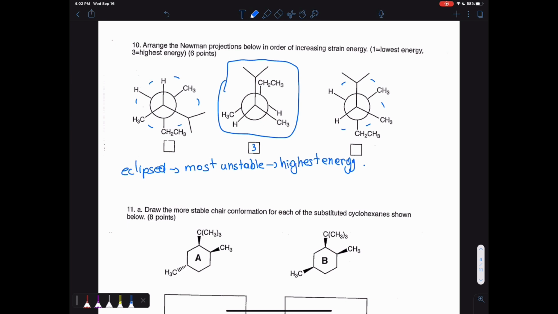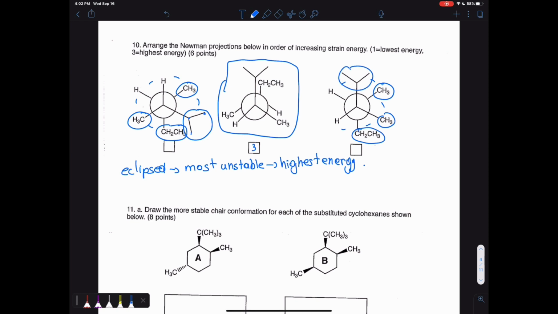Now comparing the first one and the last one, you have to compare what kind of molecule are next to what. If you look at this one, there's a CH3 next to this big group, I'm going to call it propyl, the 3 carbon. There's an ethyl here, and then there's a methyl. But if we look here, there's a methyl next to a methyl, next to an ethyl, and then next to a propyl.